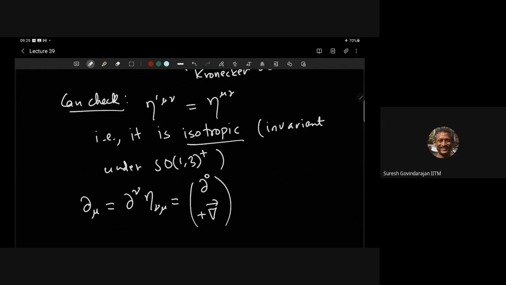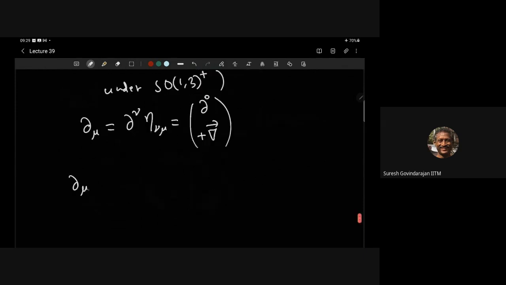So d mu, this has no minus sign, is, if you want, I'll use the word naturally. Someday you will understand what I mean. It's naturally a covariant 4 vector. By that I mean the spatial and time derivatives combine naturally to form a covariant 4 vector. Okay, so this is very, very important.